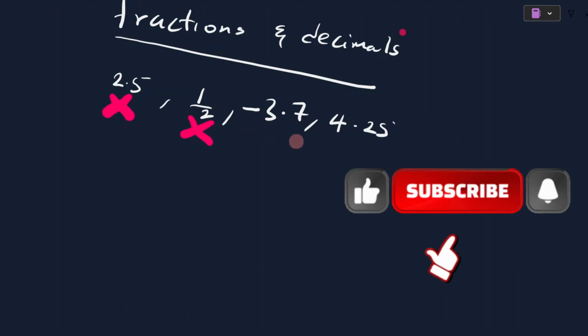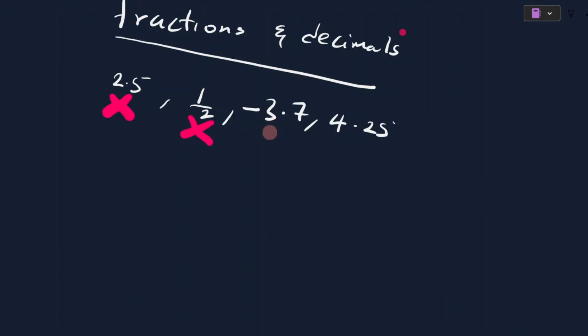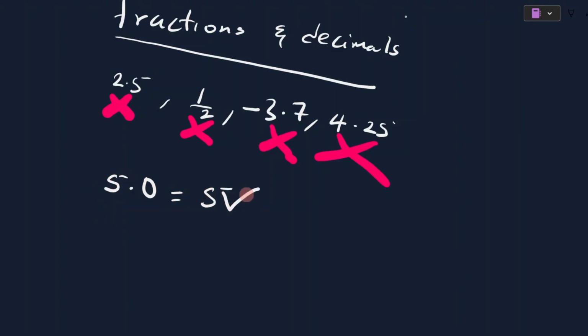Negative 3.7, or even positive 3.7, is not an integer. Then 4.25 is not an integer. For example, assuming we have 5.0, which is equal to 5, this is an integer. But if we have 5.2, which is not equivalent to 5, this is a decimal and it is not an integer.